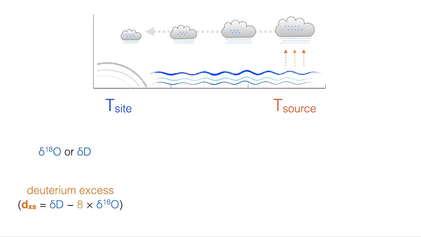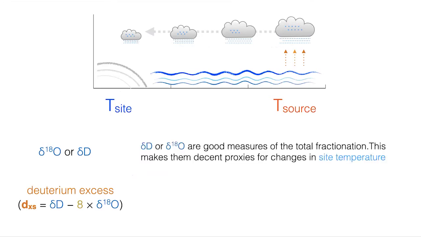And luckily, water has two sets of stable isotopes, right? We have both the delta 18O and the delta deuterium. It turns out that either delta 18O or delta deuterium are really sensitive to the temperature at the condensation site over our ice core site, and a little bit sensitive to the evaporation temperature.